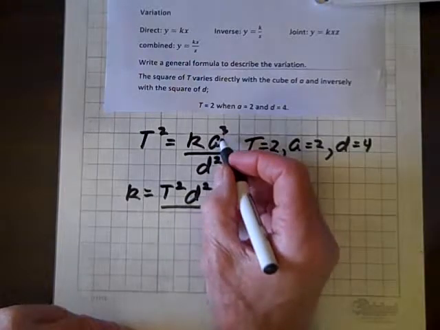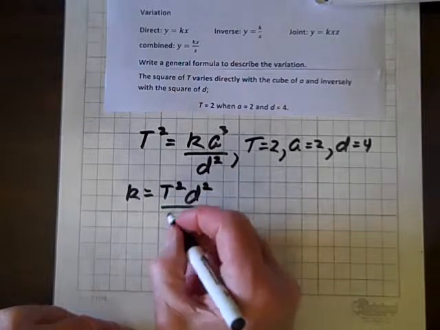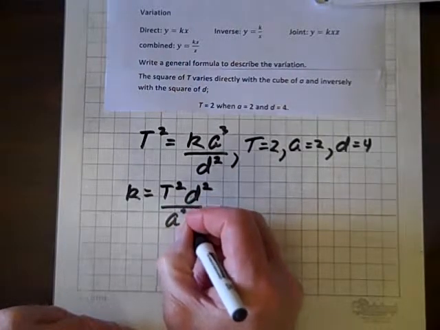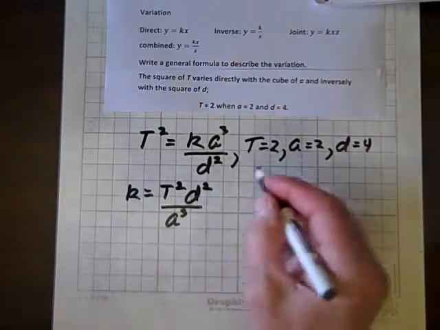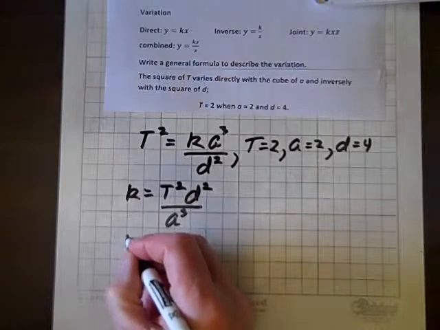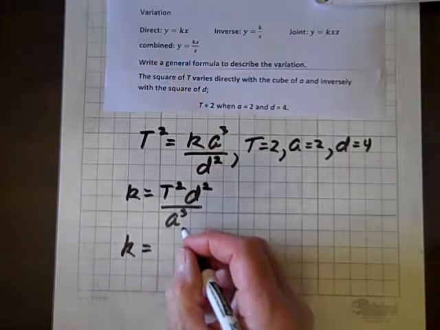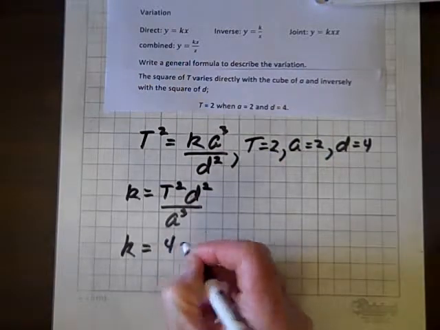If we divide both sides by a cubed, this a cubed will divide out, and on the other side we will have the denominator a cubed. Now we'll substitute the appropriate values and come up with a value for k. So t squared, if we square 2, we get 4.